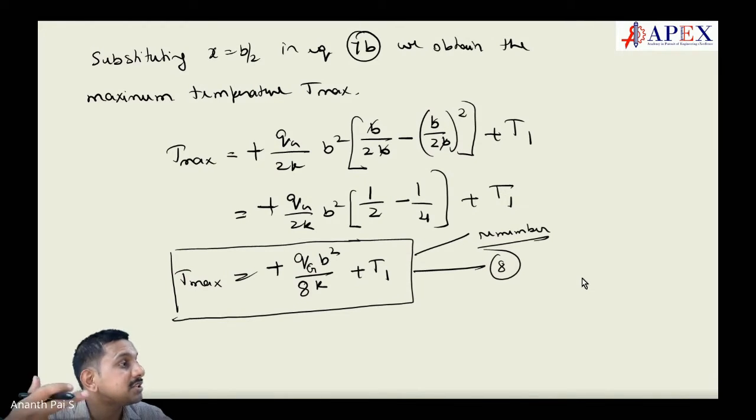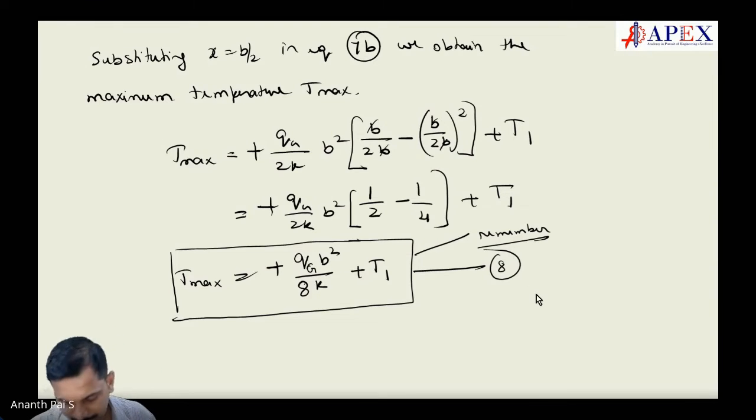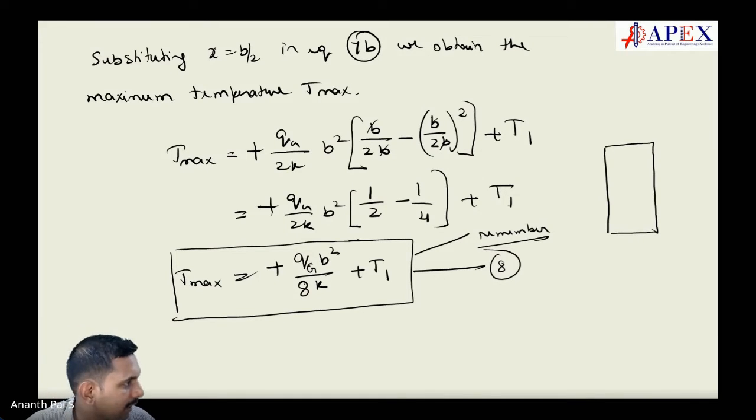Because heat is generated inside. I'll repeat. See here, have you written this down? Okay. So now what is happening here is, see, this is the slab. And heat is generated inside. Everywhere, every molecule is generating heat. So what will happen? Here it is T1, here it is T1. So the profile is like this.